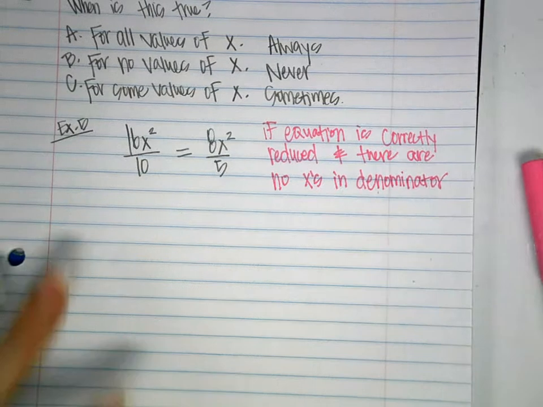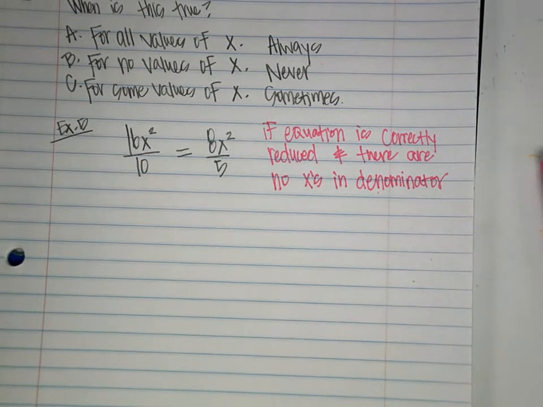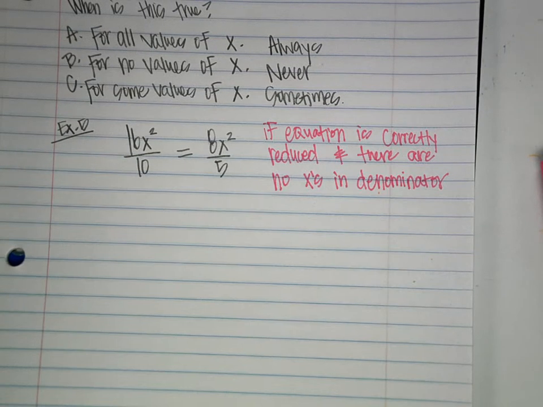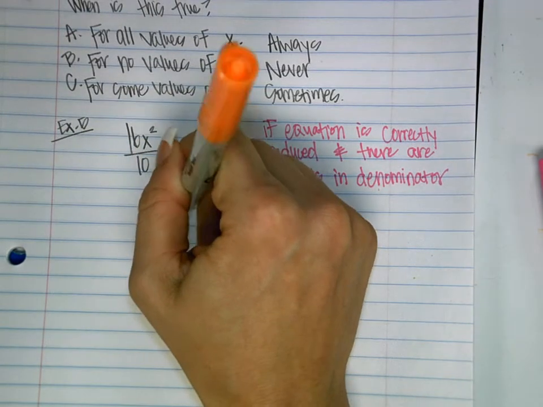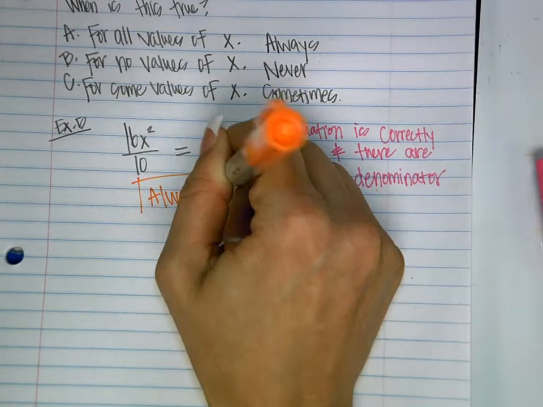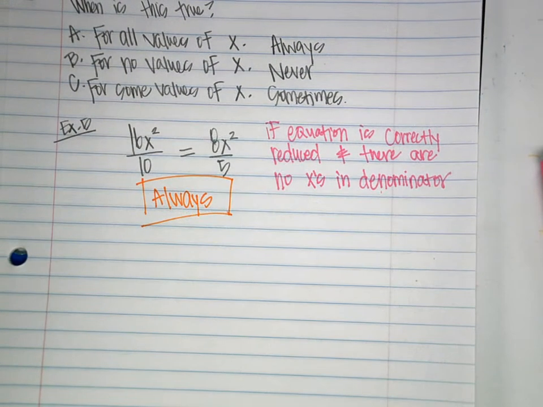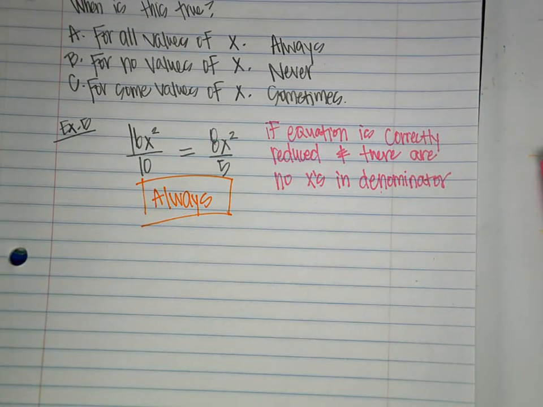Okay? If the equation is completely and correctly reduced, and there are no x's in the denominator. So, is this equation reduced correctly? Yes. And since there's no x's in the denominators, your answer is always. Okay? So that means for any value of x, for anything that you plug in for x, this is going to be true because it is correctly reduced.